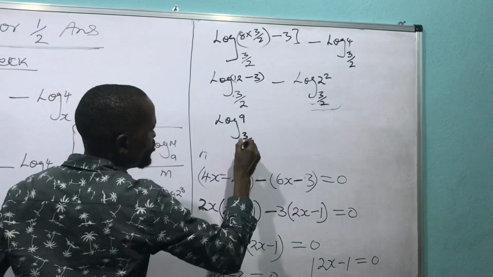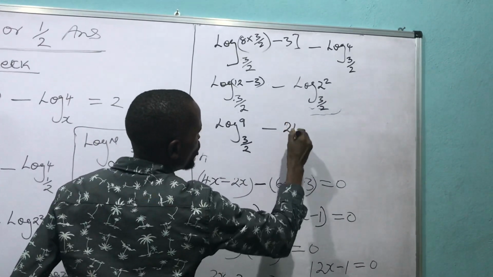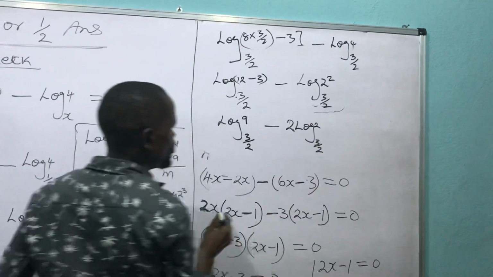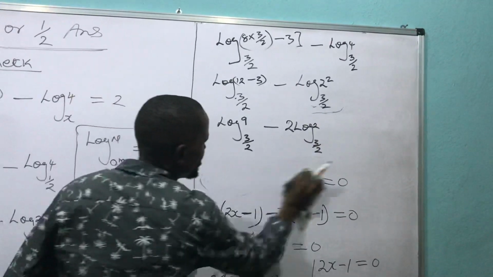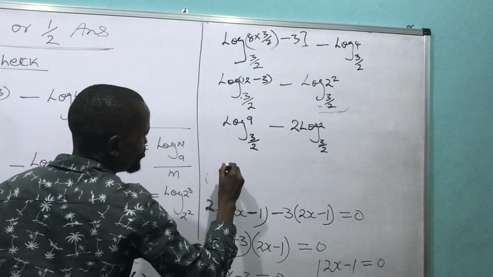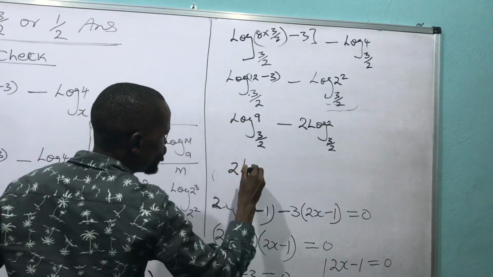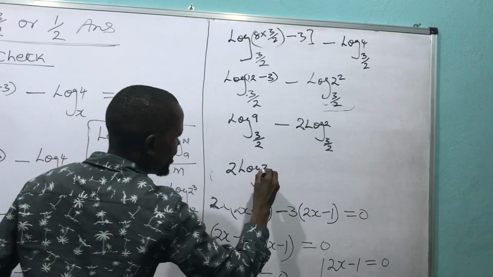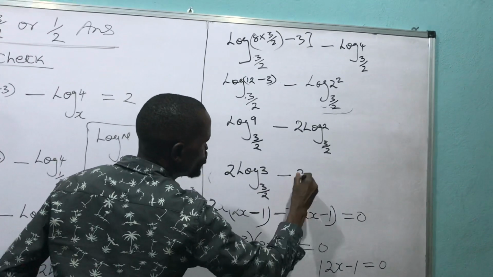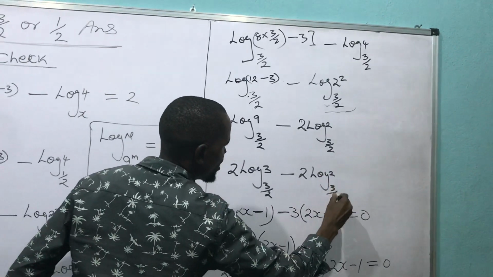Base 3 over 2, minus log, which gives me 2 log 2, base 3 over 2. And this will land me to the same thing as log 9, which is 3 raised to the power 2, which will give me 2 into log 3 base 3 over 2 minus 2 log 2 base 3 over 2.